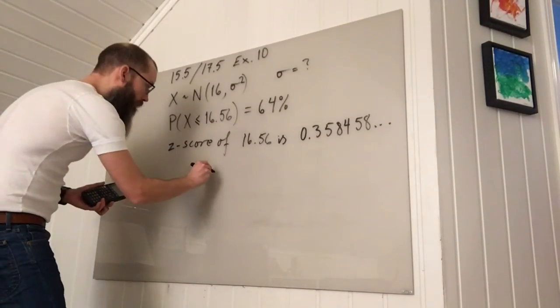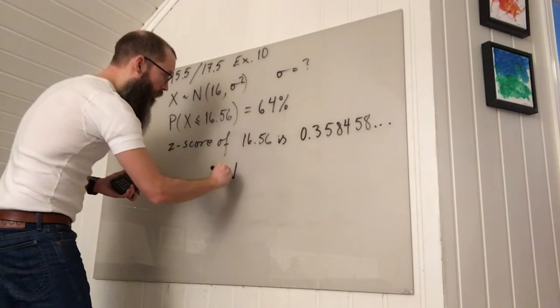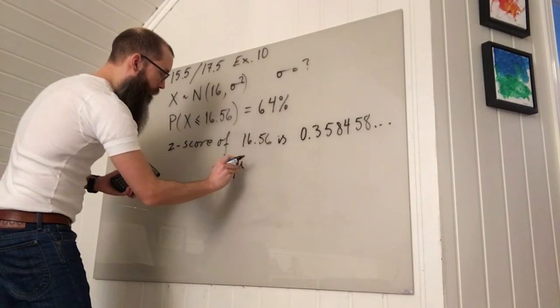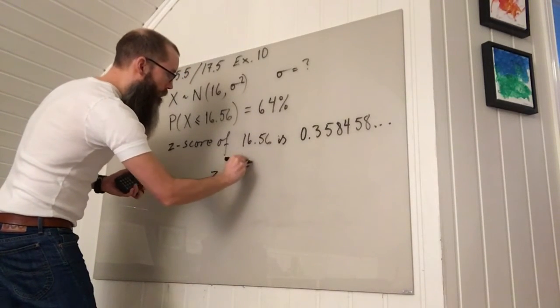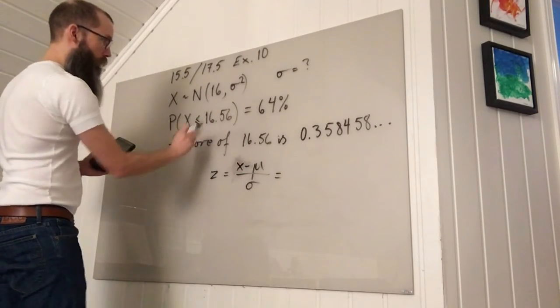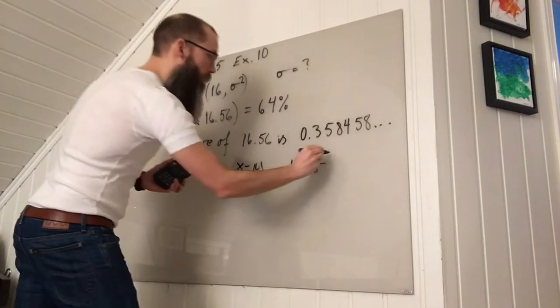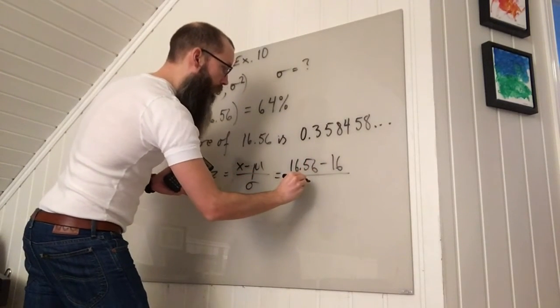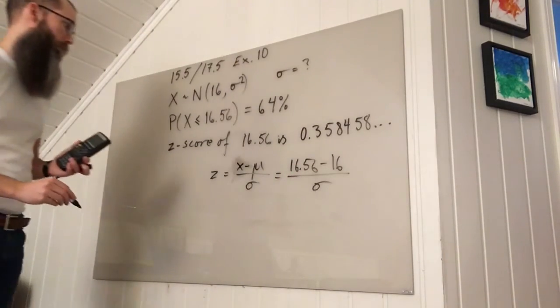Now, z is the expected value mu. The formula is x minus mu divided by sigma. And x is the observation, 16.56. Mu is 16, and I divide by sigma. So I divide by the unknown.